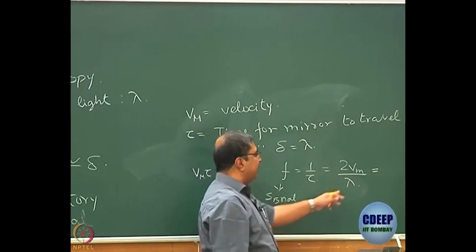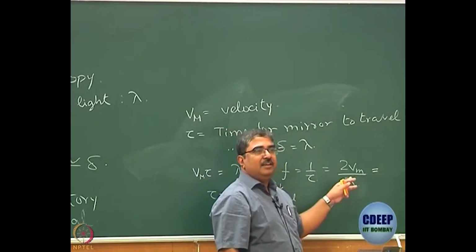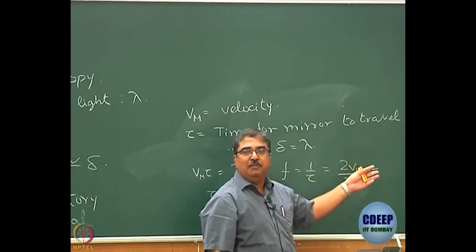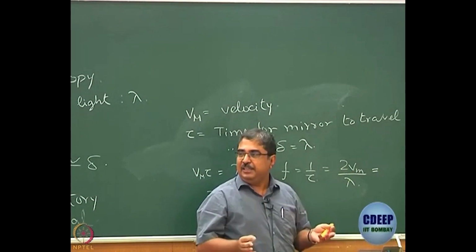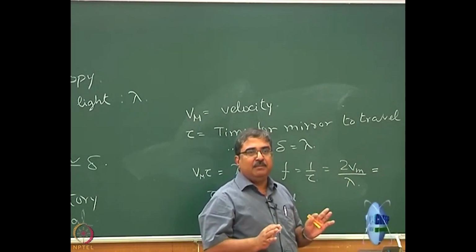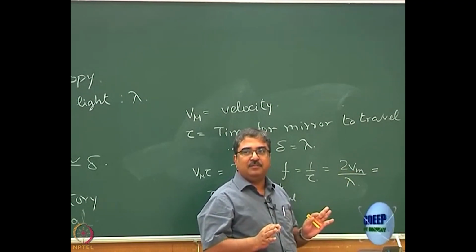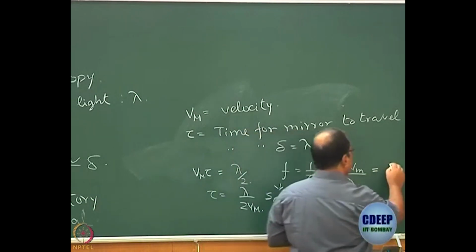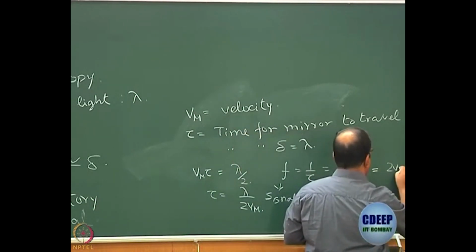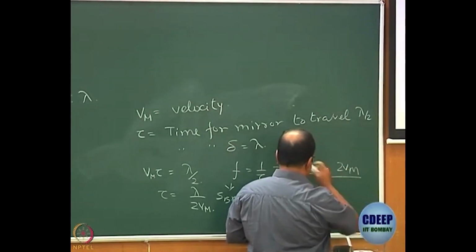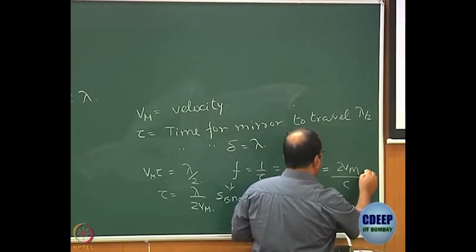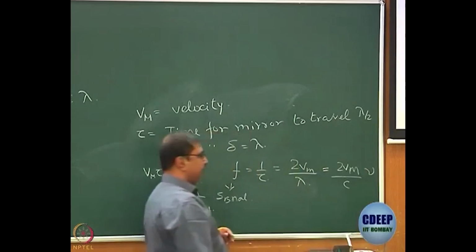On the right hand side, how do I convert this lambda to nu, where nu is the frequency of light? Lambda nu equal to C, right? So, I can write this as 2 Vm by C nu. Okay.